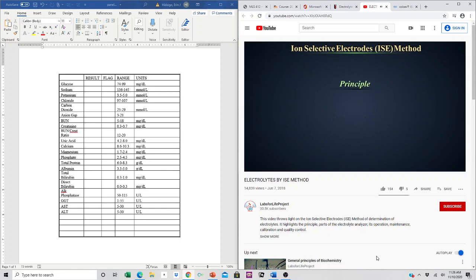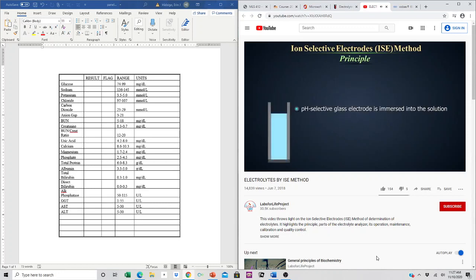Principle: an ion selective electrode, also known as a specific ion electrode, is a transducer or sensor that converts the activity of a specific ion dissolved in a solution into an electric potential. A pH-selective glass electrode is immersed into the solution whose ion concentration is to be measured.